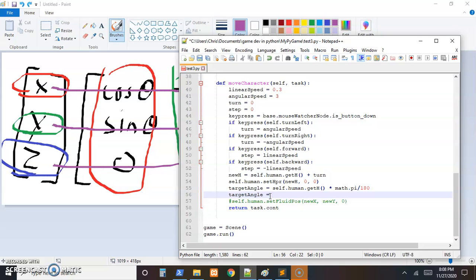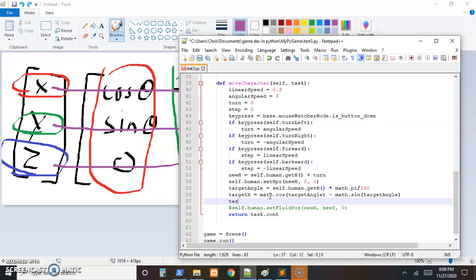So we have target x, which is what we just found: math.cos of our target angle, which we will need to offset, but we'll come back and offset in just a second, minus math.sin of our target angle, and we'll come back and offset that in just a second.